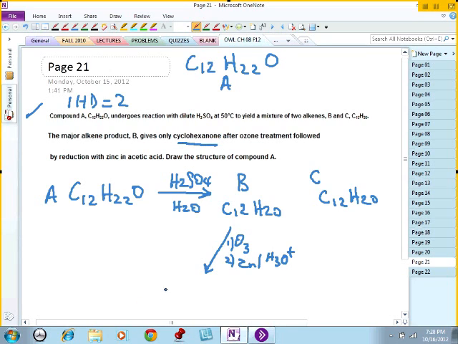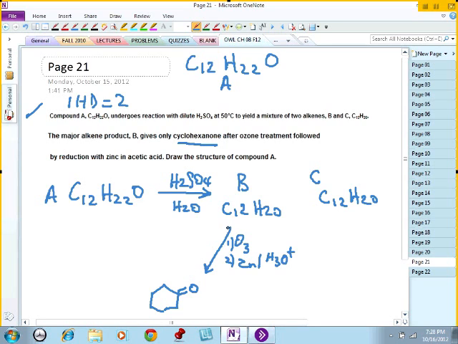That is the key, right? To form only cyclohexanone. Okay, now the question is, what is the structure of A?